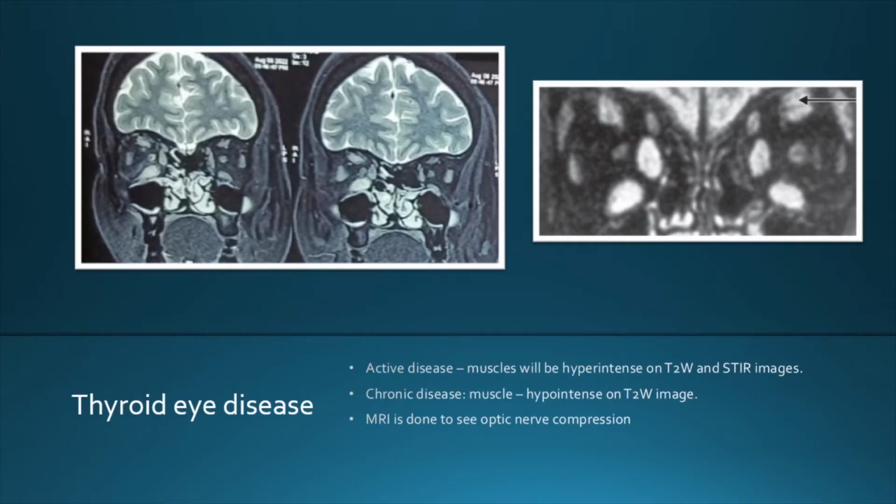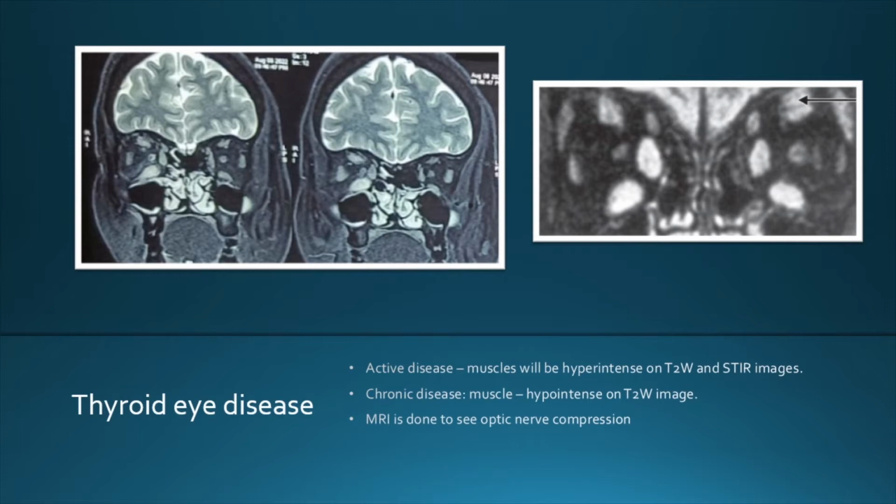Inflammation, first we'll discuss thyroid eye disease. On MRI we will find the active disease and differentiate it from chronic disease. The extraocular muscles will show hyperintensity in T2 weighted image in active disease, compared to T1 weighted image, which will show isointense.